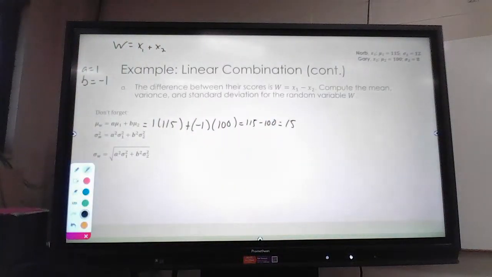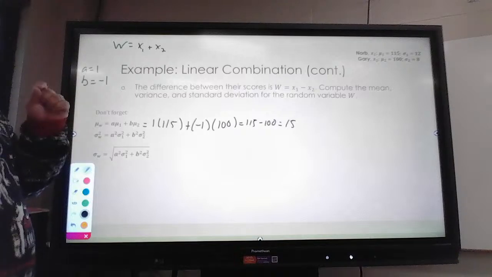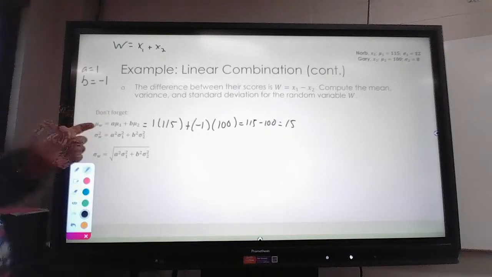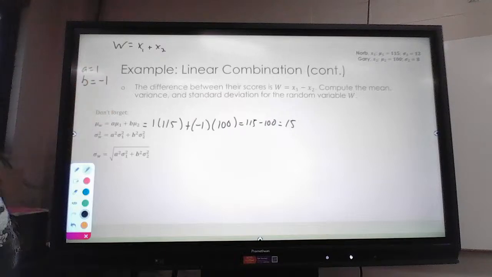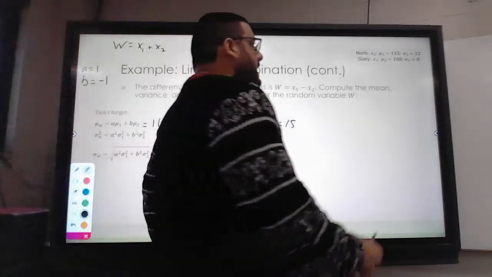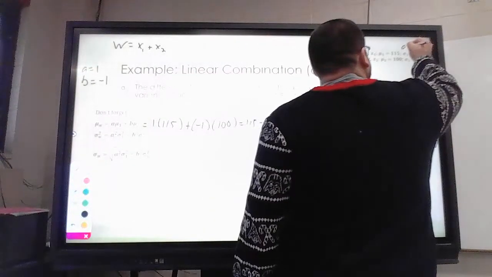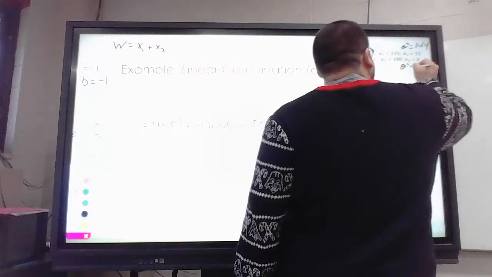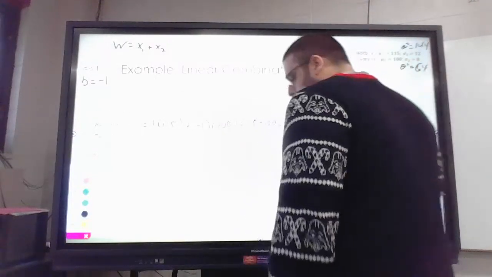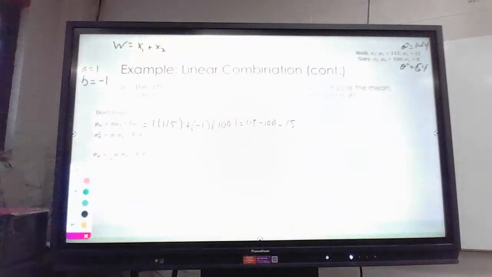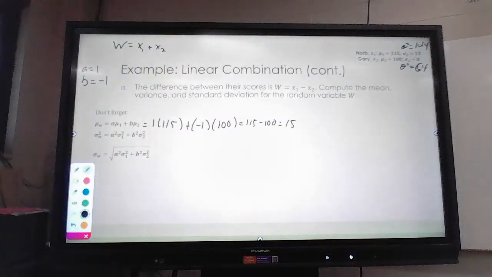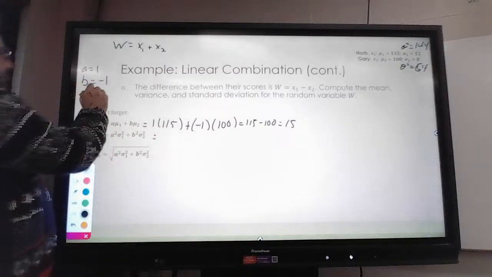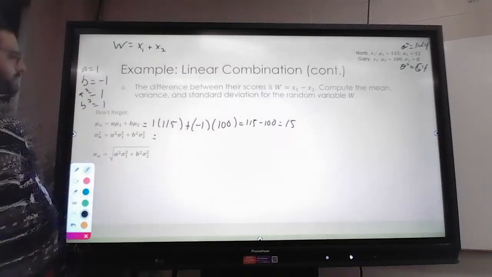All right, now for the variance, we're not given the variance, but because we're given the standard deviation, we can find the variance by squaring both standard deviations. So standard deviation 1 squared is 144. Standard deviation 2 squared is 64. So variance 1 is 144. Variance 2 is 64. And also a squared is 1. b squared will also be 1.